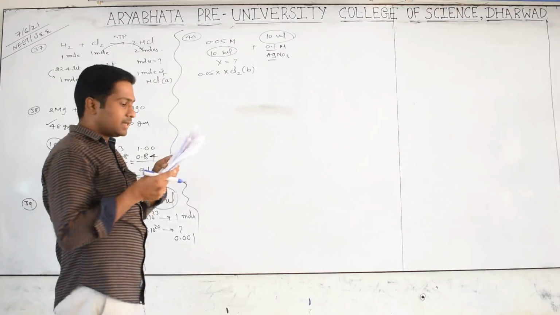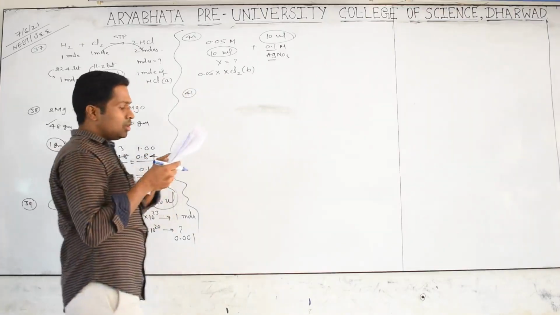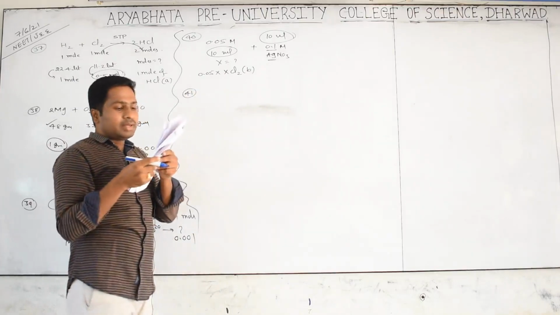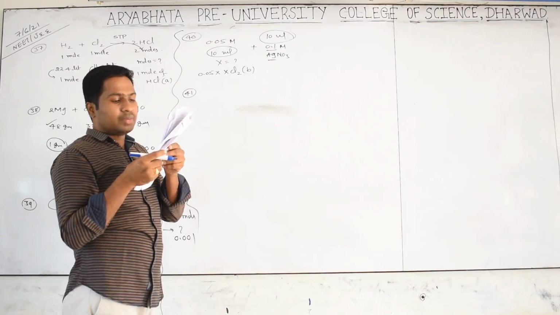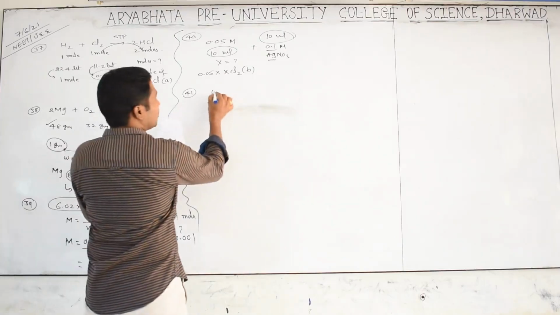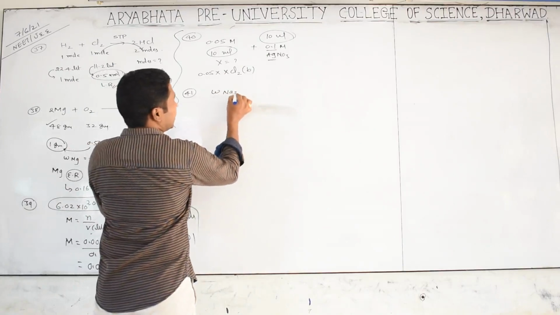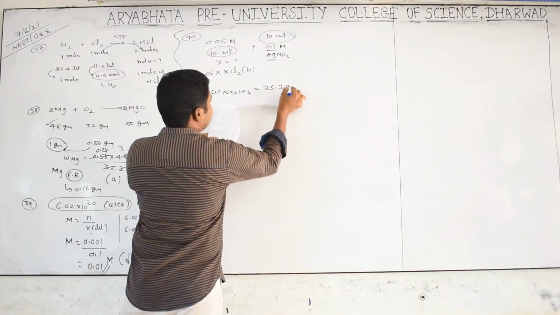Go for the next one, question 41. Look carefully. 25.3 grams of sodium carbonate is dissolved in enough water to make 250 ml of solution. The weight of Na2CO3 is 25.3 grams.